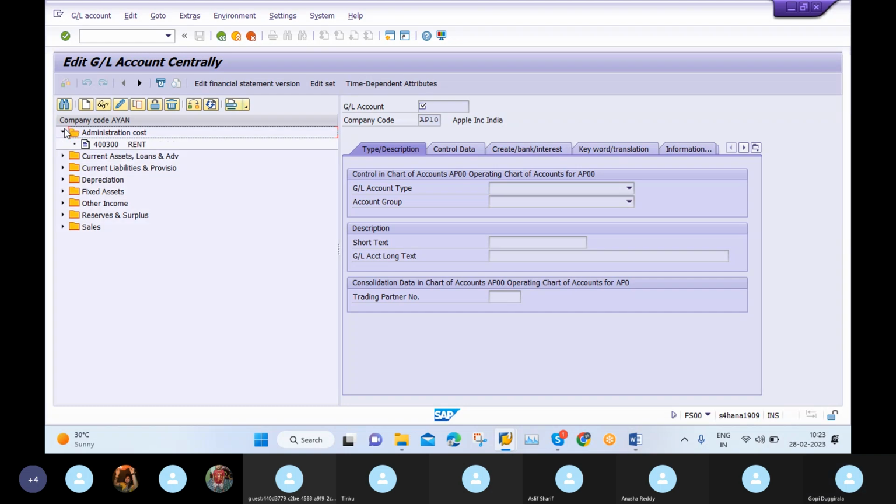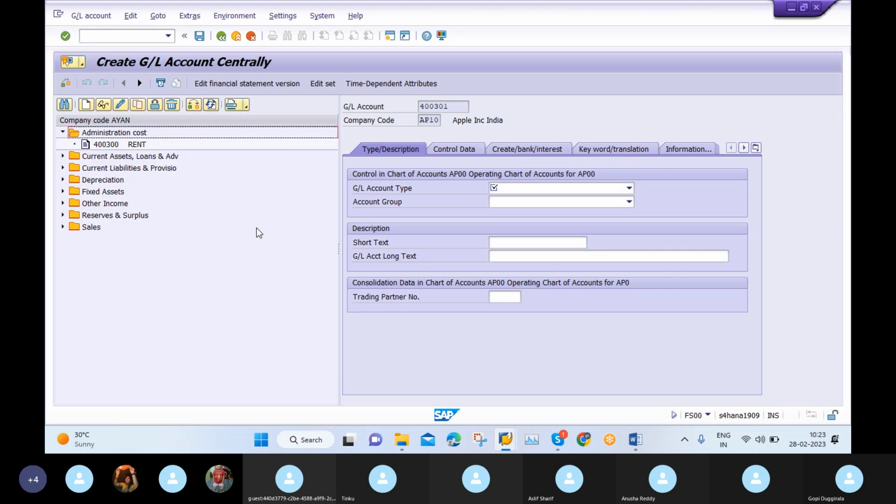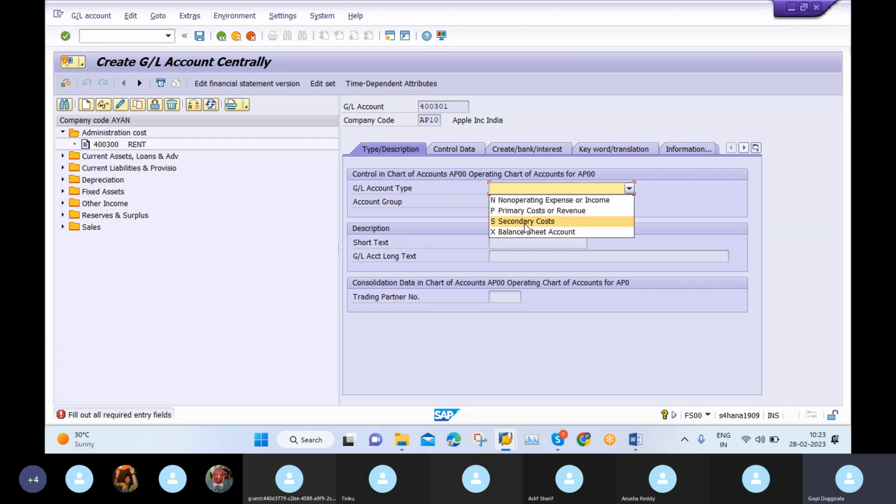So if I want to create 400301, see, if I select the secondary cost here, you can see secondary cost elements can also be created in SAP S4HANA in the GL master only.